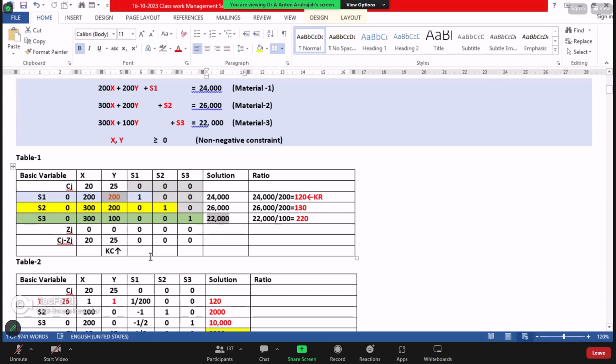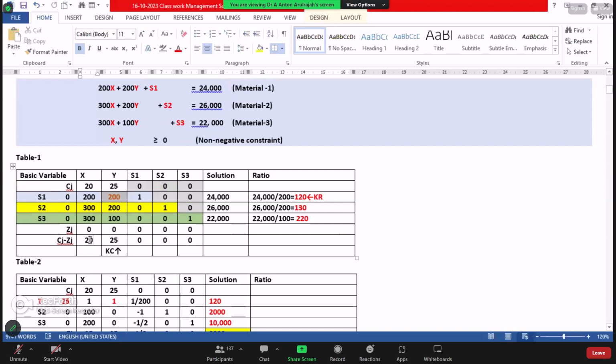So after identification of the key value and key row, how do we identify the key value? The largest positive value, if it is a maximization problem. You can see the largest positive value here is 25,000, with 0, 0. All are profit coefficients, per unit profit.